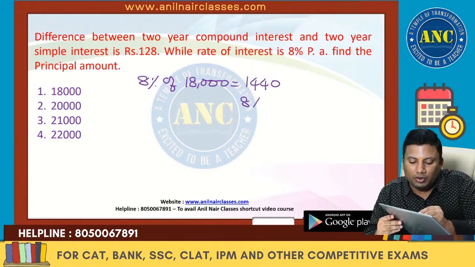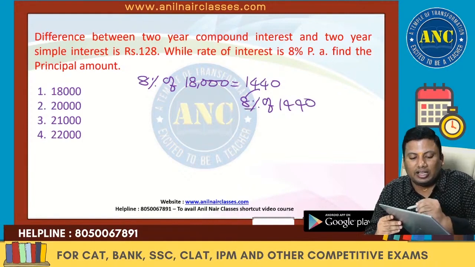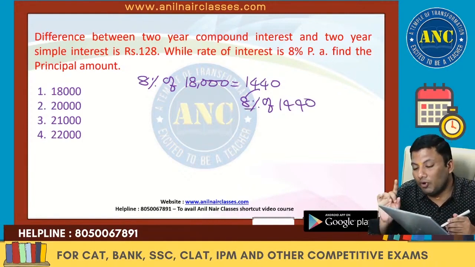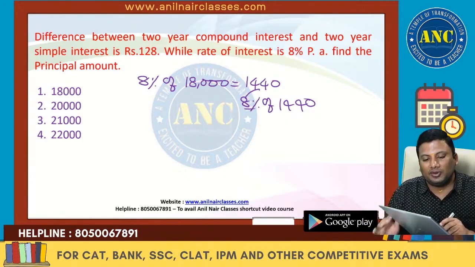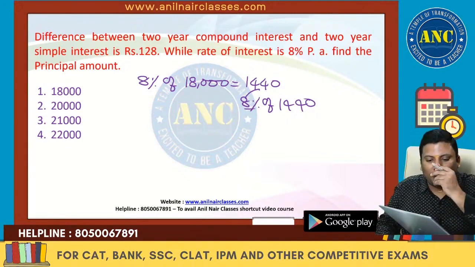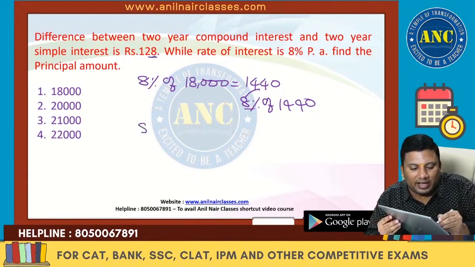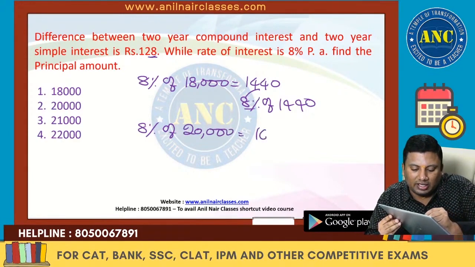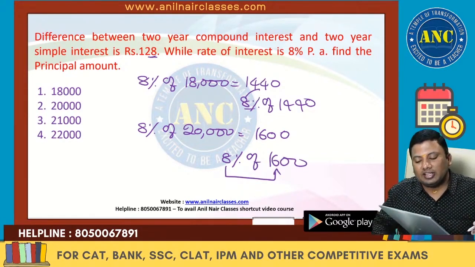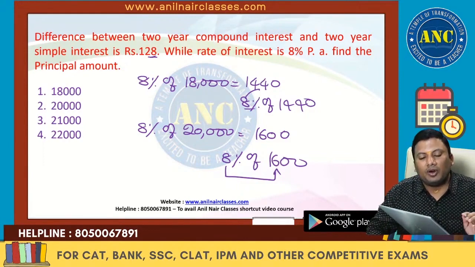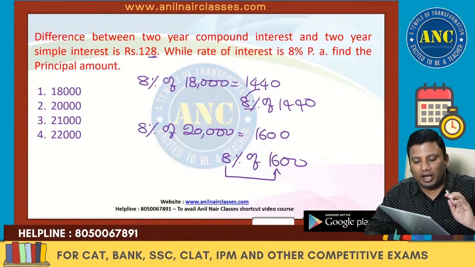Now again if I do 8 percentage of 1440, 8 fours are 32, unit digit is 2. I want unit digit as 8. Suppose if I pick 8 percentage of 20,000, this is nothing but 1600. Again 8 percentage of 1600, 8 sixes are 48. Now we will come to the single step. I hope it is clear.